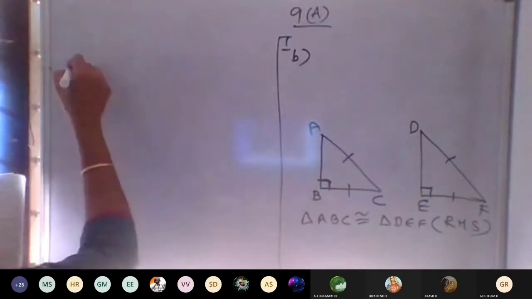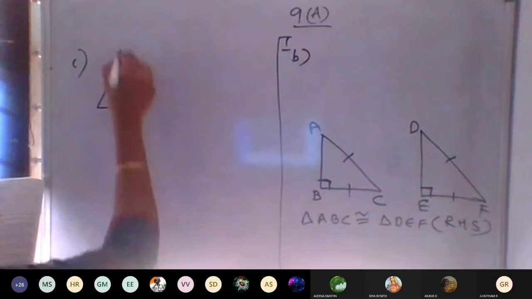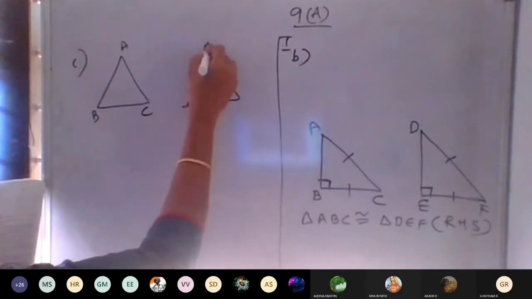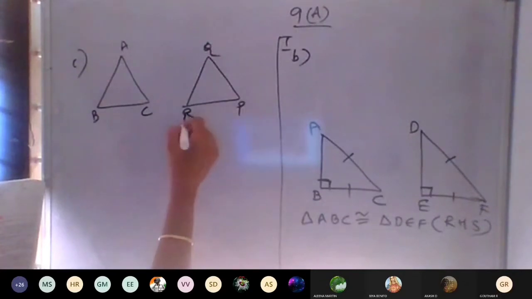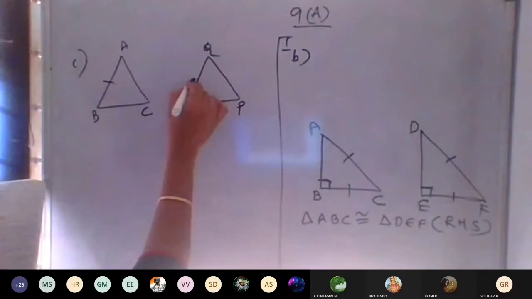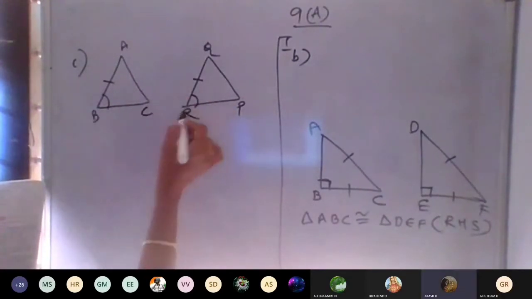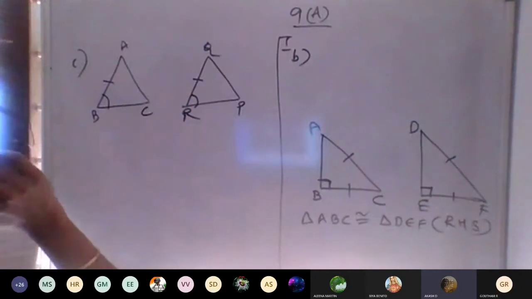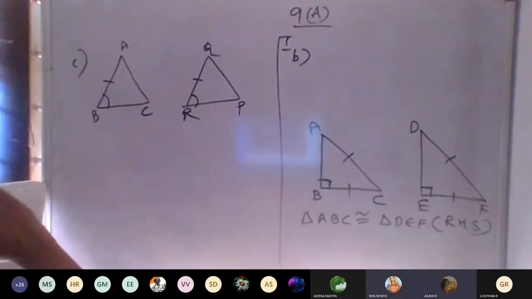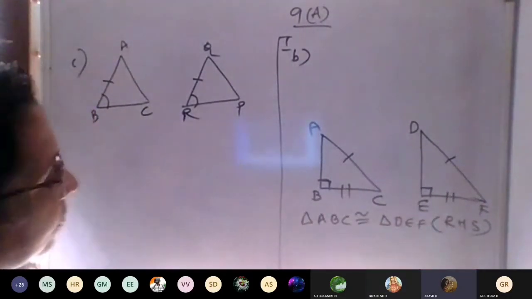Then question number C. Triangle ABC and triangle QRP. AB is equal to QR.